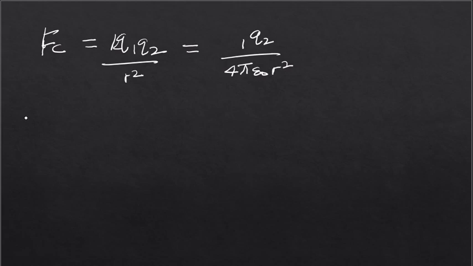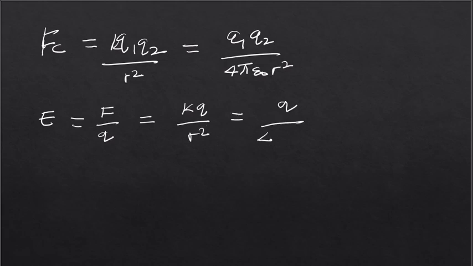This is the force of attraction or repulsion from Coulomb's law. The electric field intensity E is defined as force per unit charge, and is the same thing as KQ over R squared, and is the same thing as Q over 4 pi permittivity of free space multiplied by R squared.